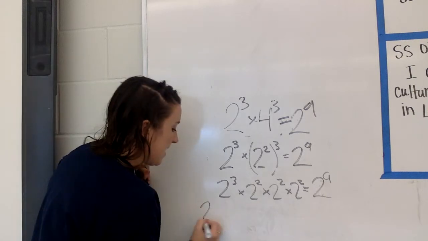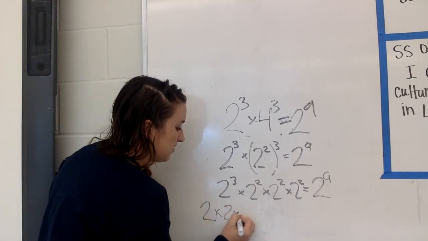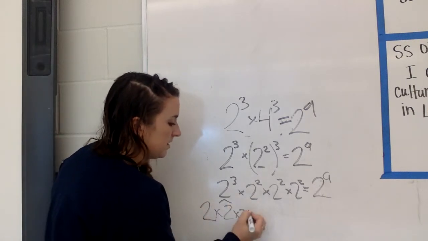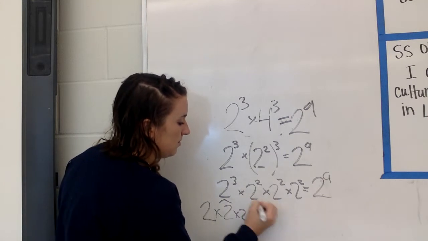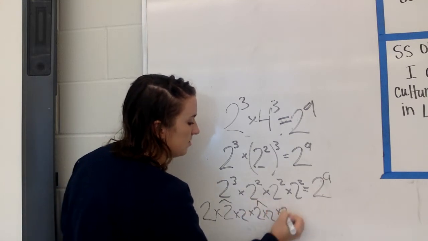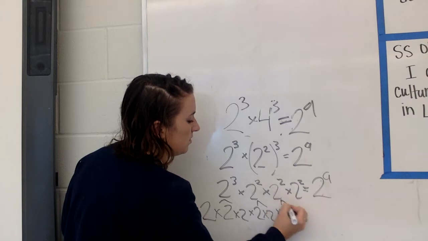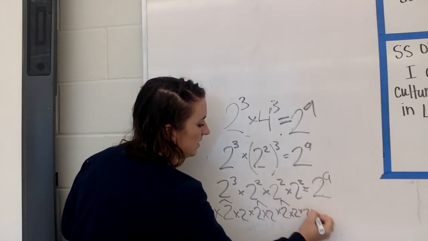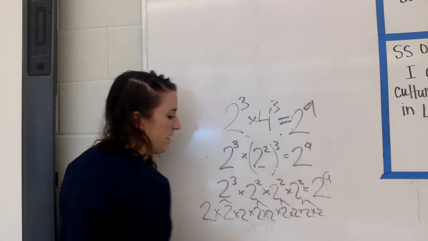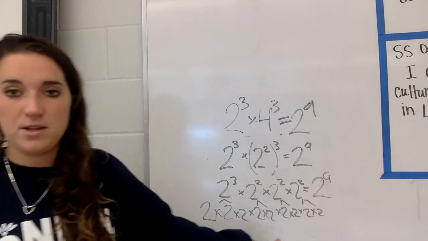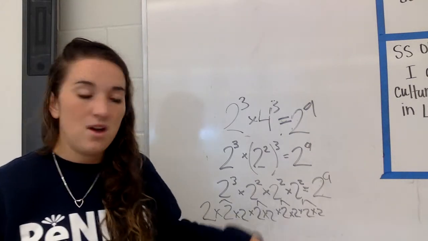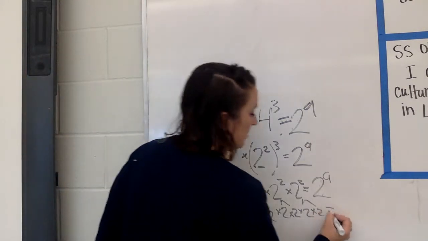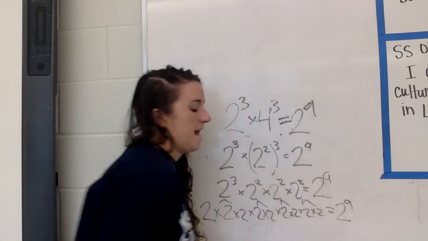If I were to expand this all out, I'd have 2 times 2 times 2 for 2 cubed, times 2 times 2 for 2 squared, times 2 times 2 for 2 squared, times 2 times 2 for 2 squared. And how many 2's am I multiplying by itself now? I am multiplying it 9 times.